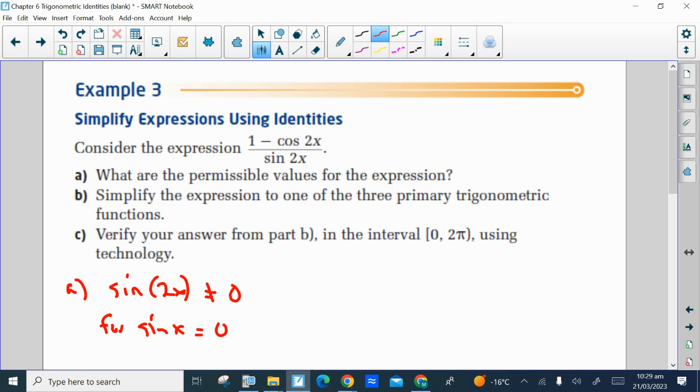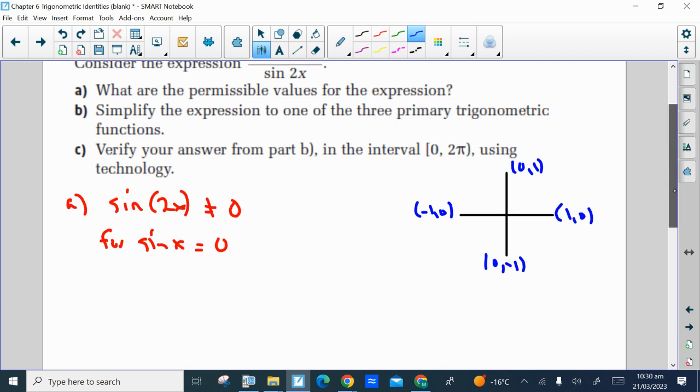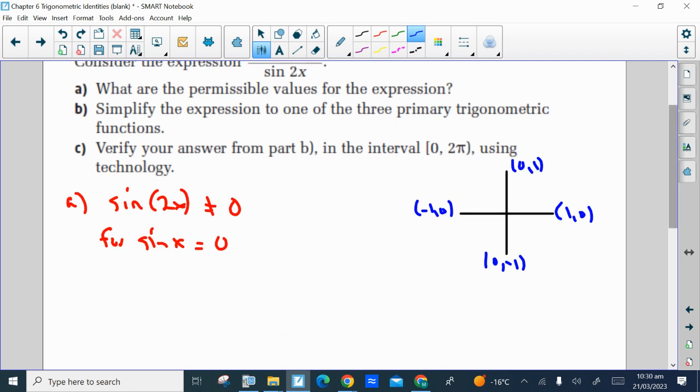The sine of x equals 0, that's on our unit circle. We put our coordinates at the ends of the axes. Remember, sine is the second number, the y value. And that is 0 at every multiple of pi.